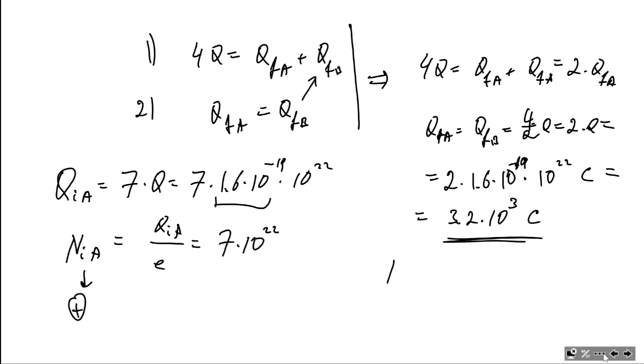Now, final number of electrons on the same sphere is final charge divided by the elementary charge. And that will be equal to 2 times 10 to the 22nd, right?